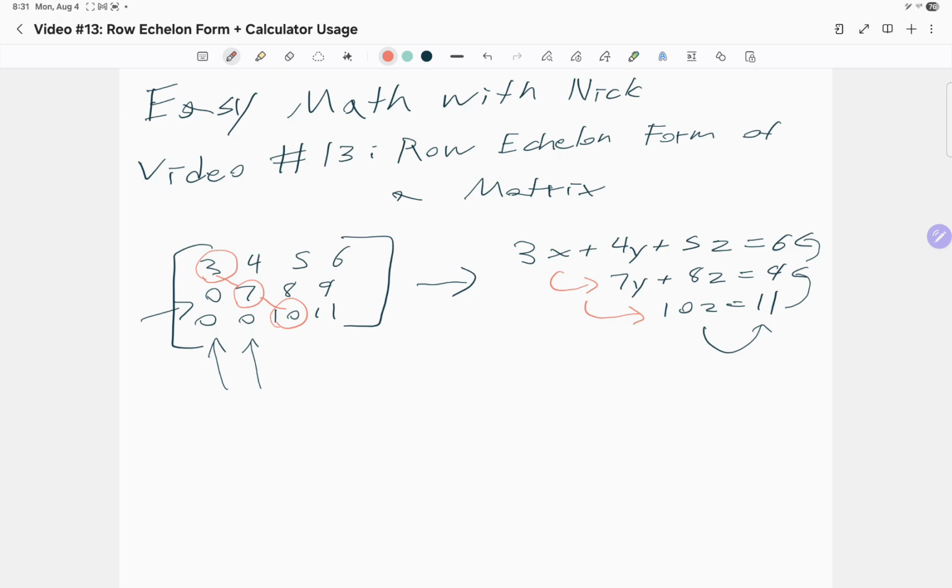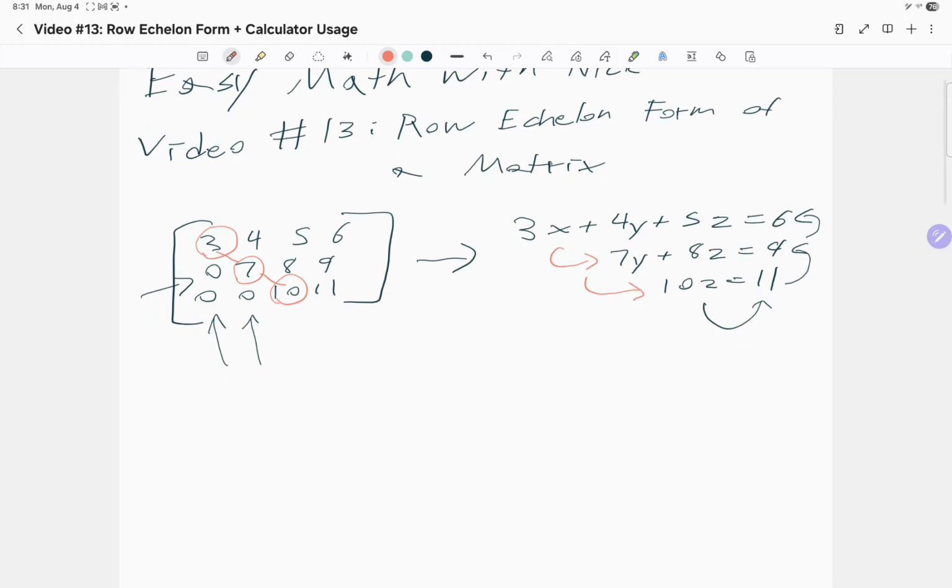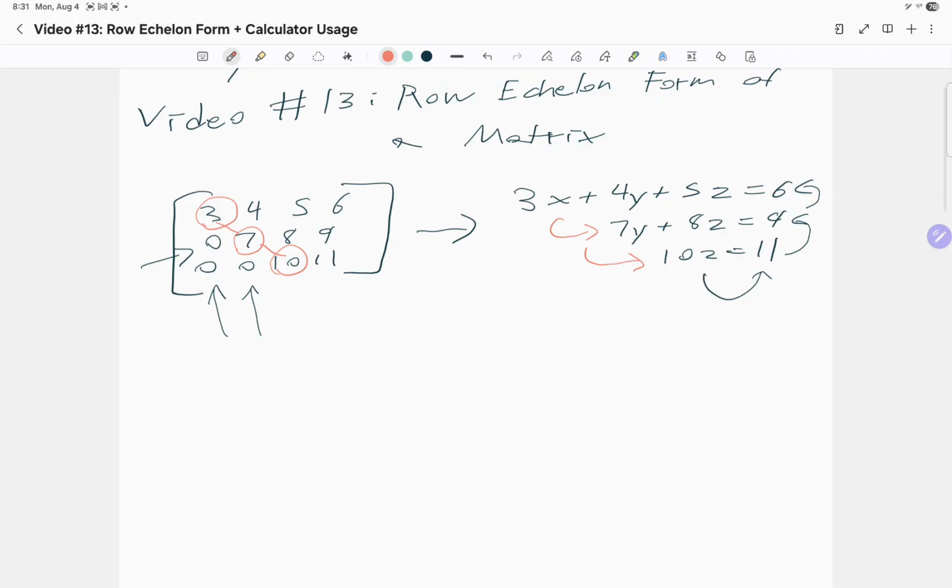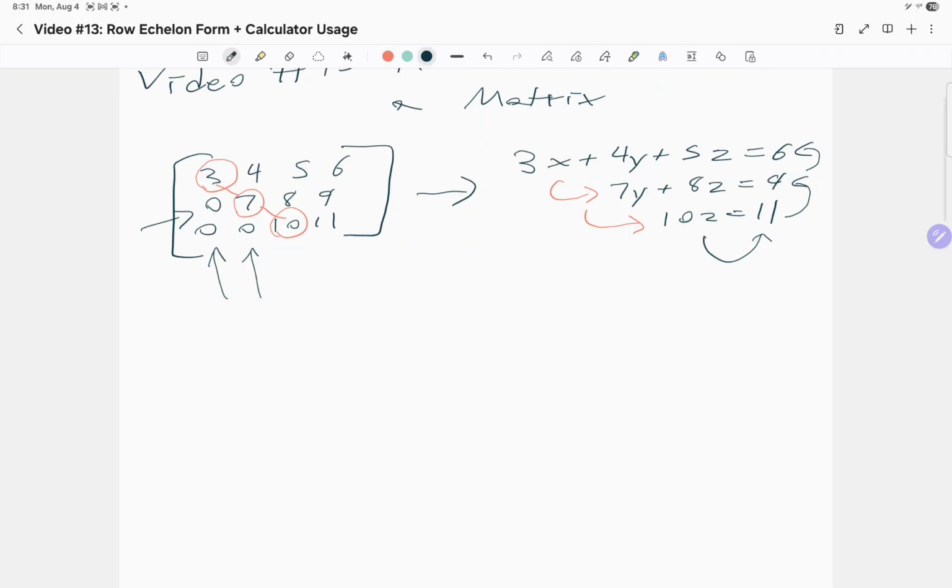Hopefully you get the point I was trying to make, how this is applicable to systems of equations, and why it's important for our system of equations to be in that format if we're going for ease of use and solvability. Make it easier to solve, okay? That's what I meant to say.